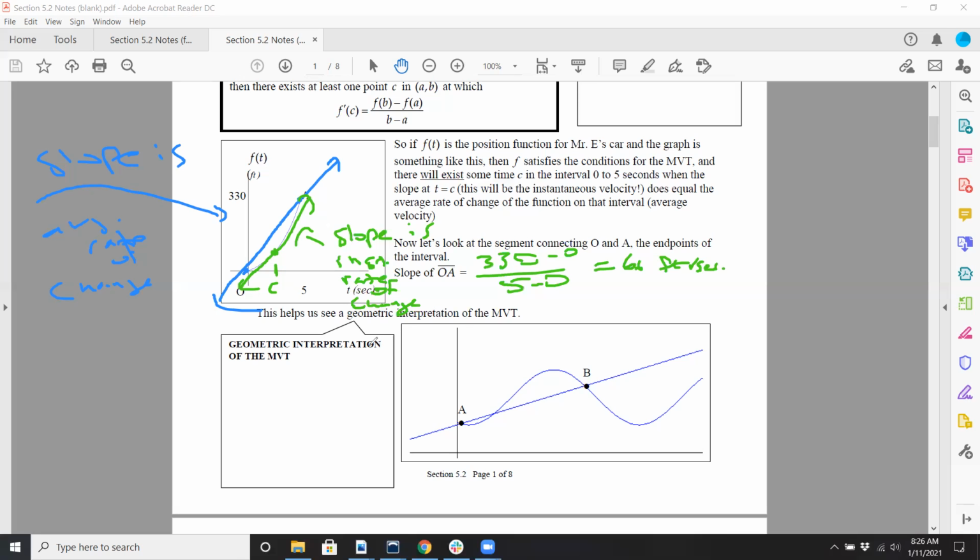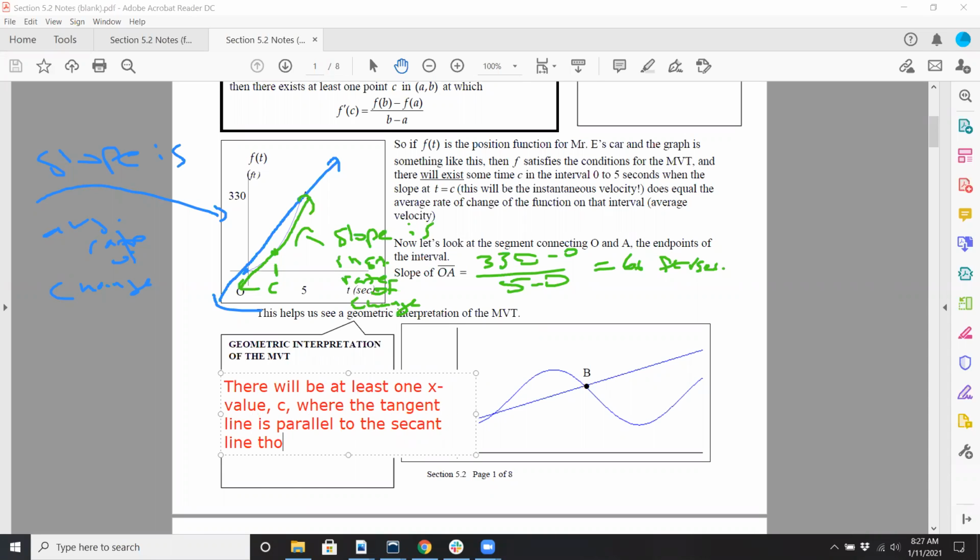And geometrically, what this is telling us, let me get a text box out again: there will be at least one x value, which we'll call c again, where the tangent line is parallel to the secant line through your endpoints A comma f of A and B comma f of B.